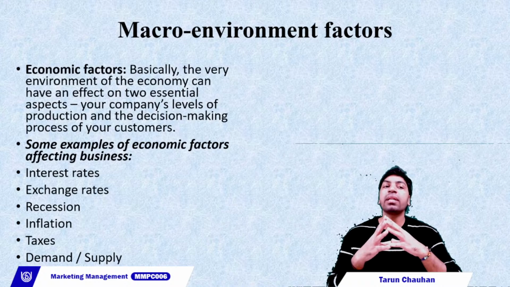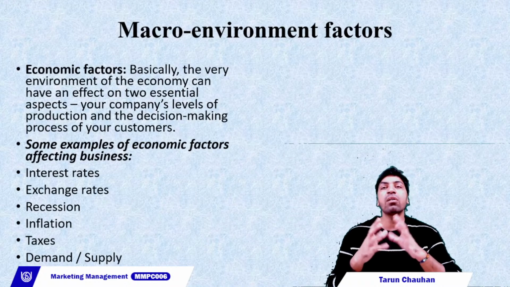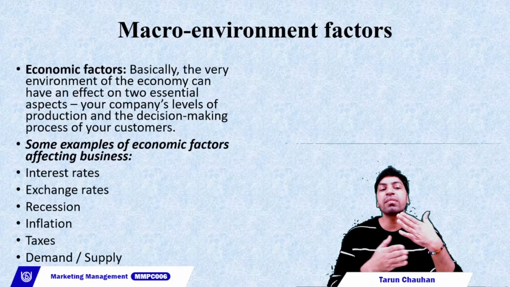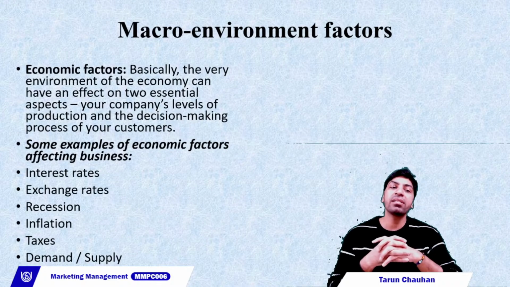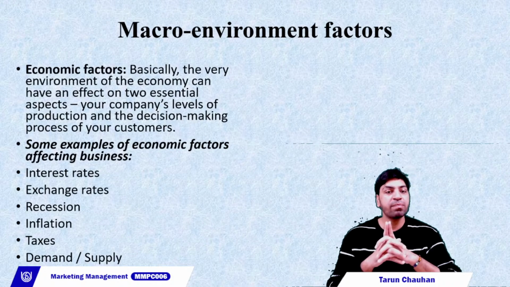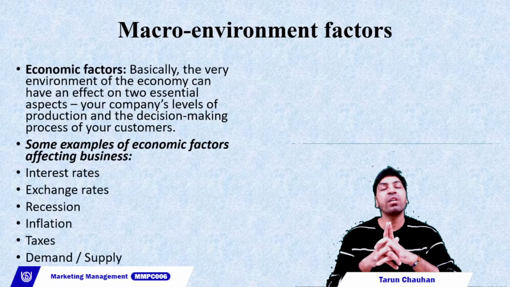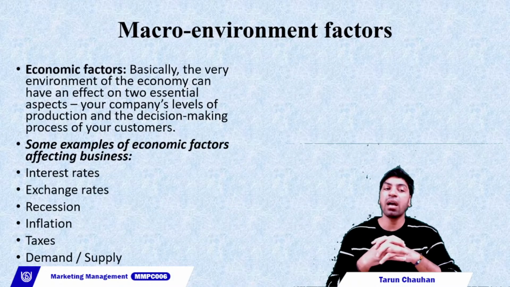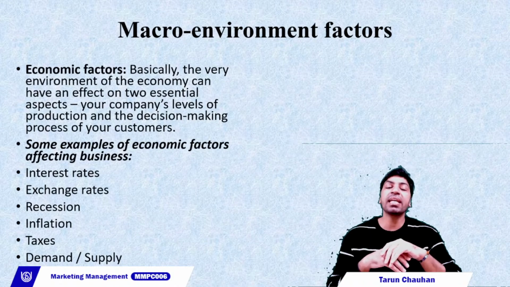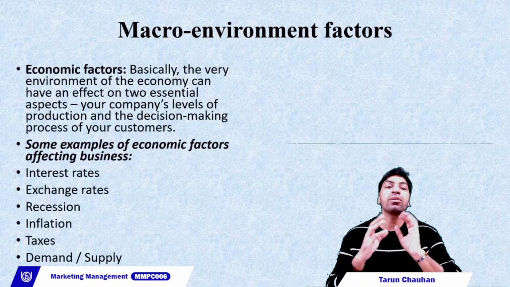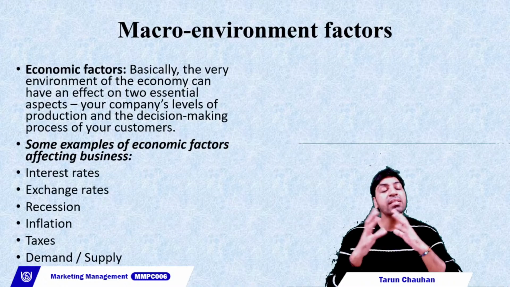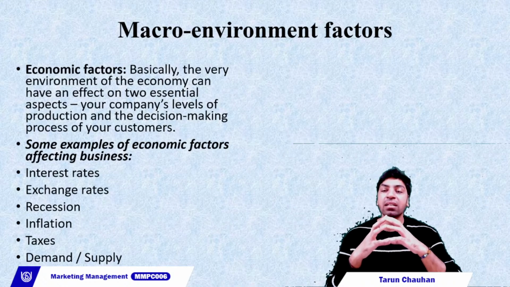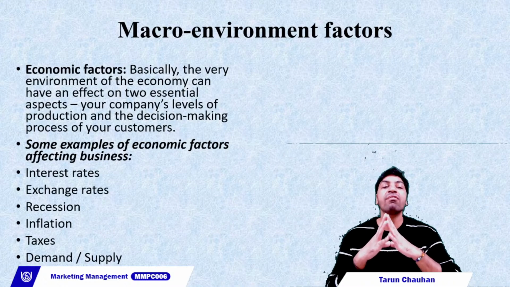That is called the economic factors, because the economic status of the company depends on these two aspects: the level of production and the decision making process of the company's customers. These are some basic examples of economic factors which affect the business.